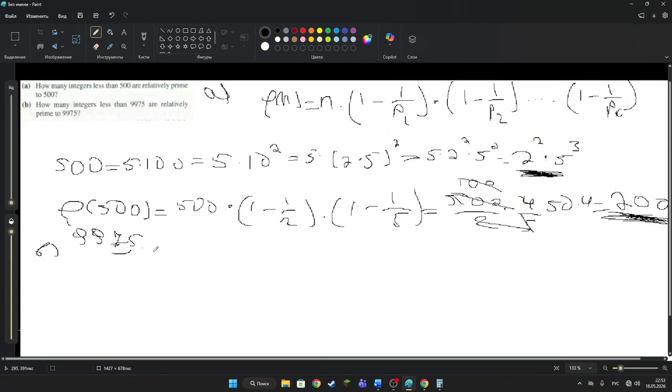If we divide by 25, it's 399. So if we add the digits of 399, it's gonna be 21. 21 is divisible by 3, so it means that this number is divisible by 3, and it's gonna be 133.